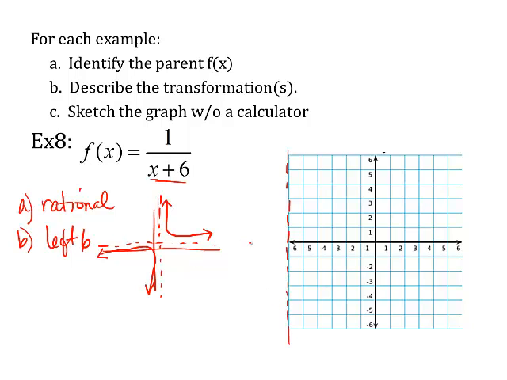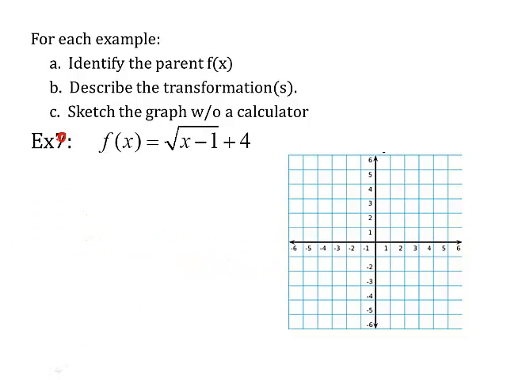The horizontal one is staying the same in this case because there are no vertical shifts going on. If this had a plus something or minus something, I would move my horizontal asymptote to follow whatever it says. And then I would show my curves. So that's all you do with a rational transformation.